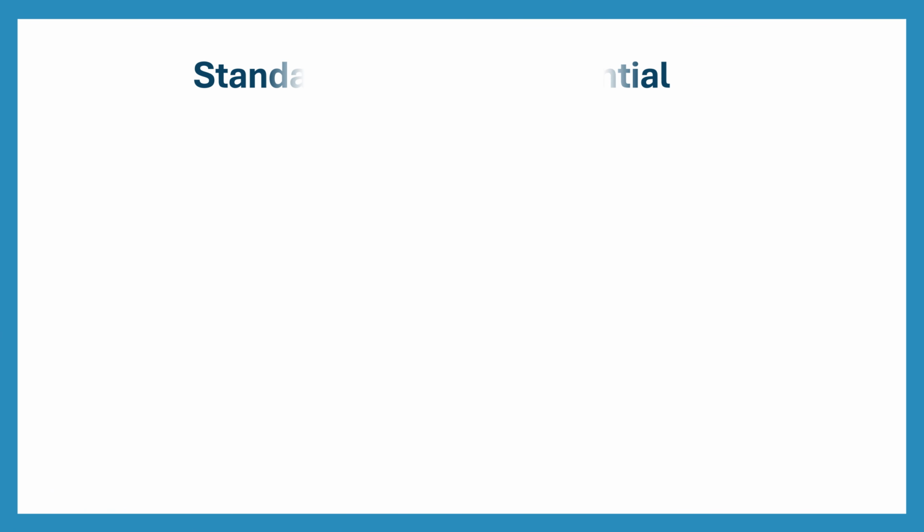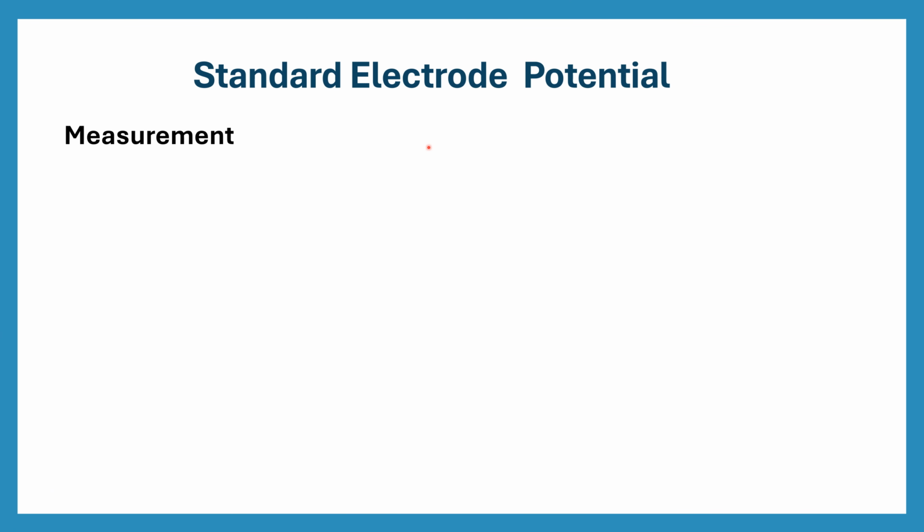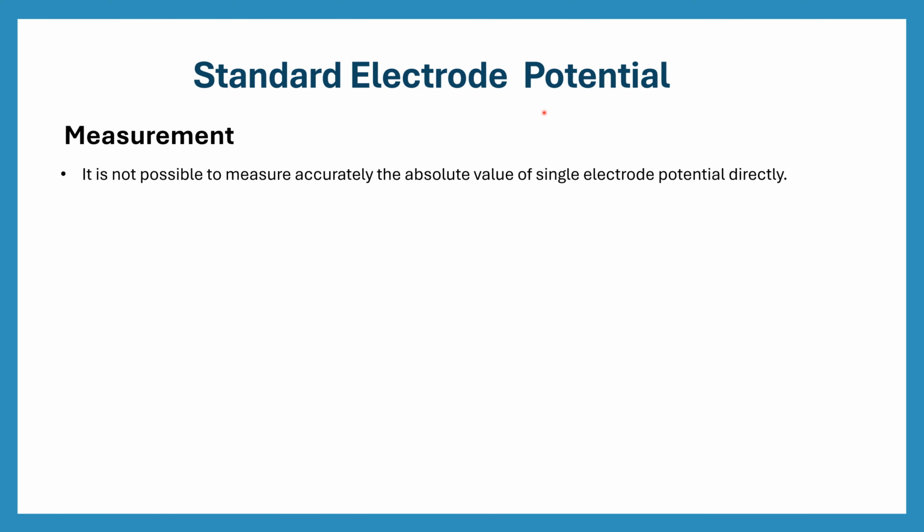Now, moving toward the measurement of electrode potential. Measuring the absolute potential of a single electrode on its own is actually not possible with the current experimental methods. This is because electrode potential is inherently a relative quantity.